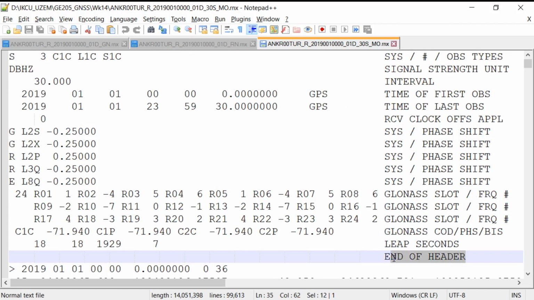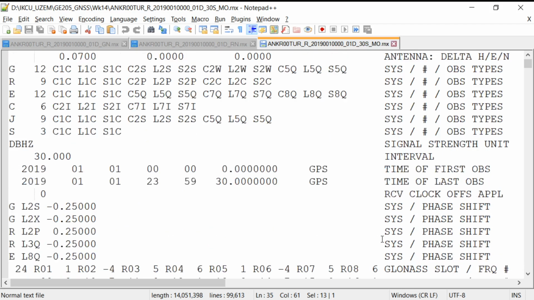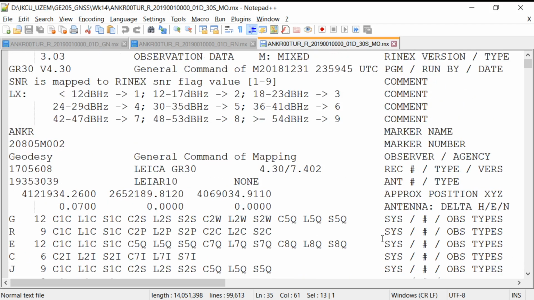So the end of header means that the data collection will begin just after this line. So within this file, we see some important observation information. The entire observation for a 24-hour period is included in the file.